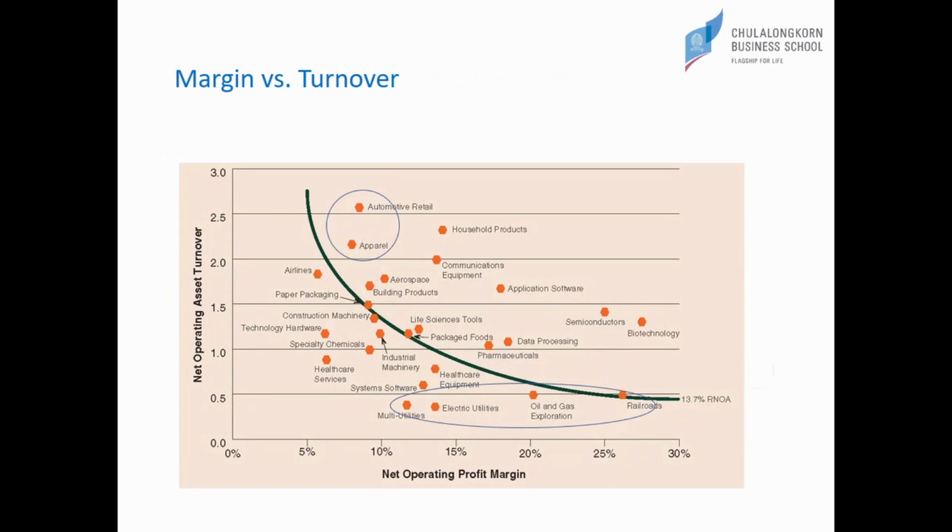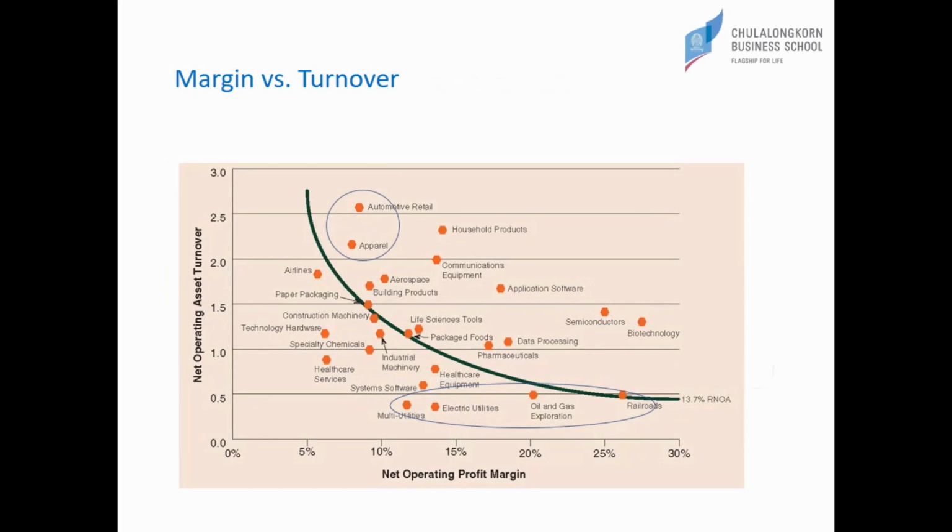Right? So you see there are some utilities, electrical, or gas companies at the bottom here that have low net operating asset turnover, which indicates that these are very capital intensive industries. So for this kind of companies, in order to achieve somewhere around the median RNOA, they try to increase their net operating profit margin.